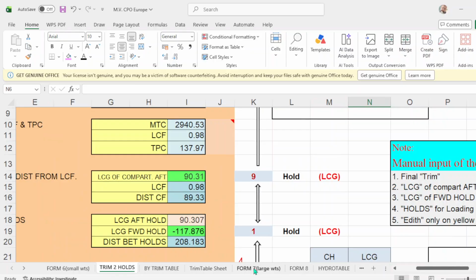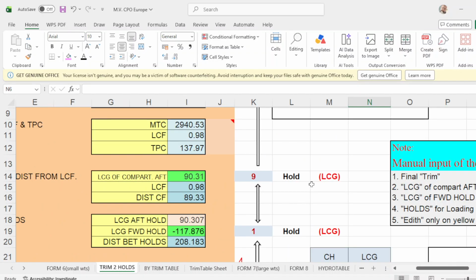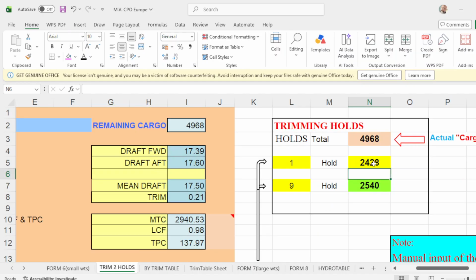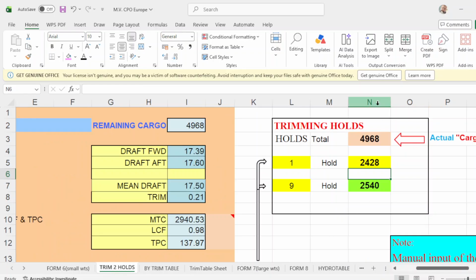Okay, so how did I get this one, guys? You see where I get it from. And this one is N5, column N and row 5. This one is N7, column N and row 7.